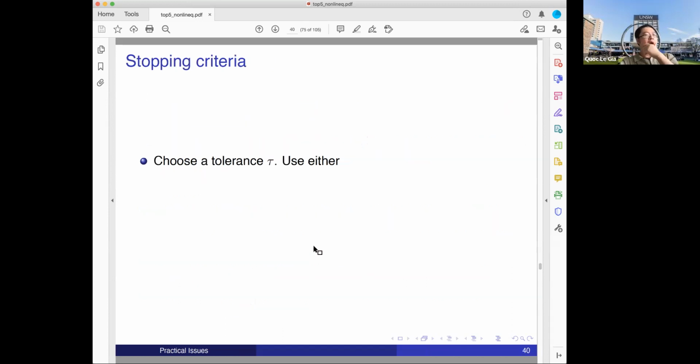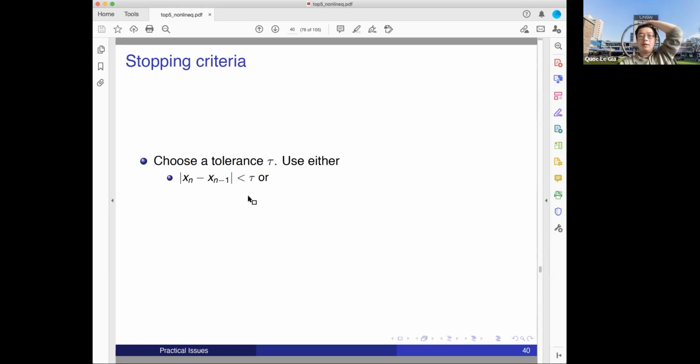So then, how do you stop the method? You can choose a tolerance tau, and then you can check that the distance between 2 successive approximations is less than tau.